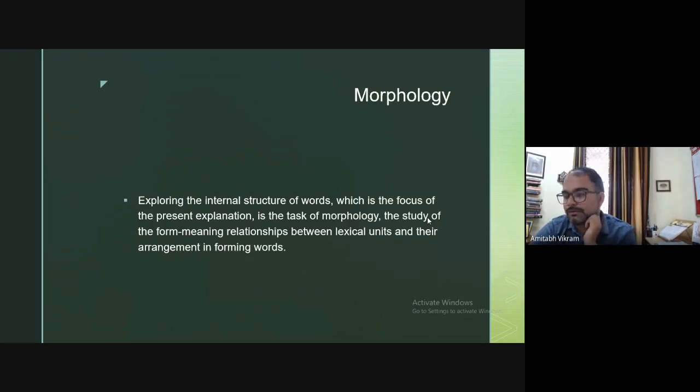It is the task of morphology, the study of form-meaning relationships between lexical units and their arrangement in forming words. So lexical units play an important role in forming words. They come together and then they form the words that we have.